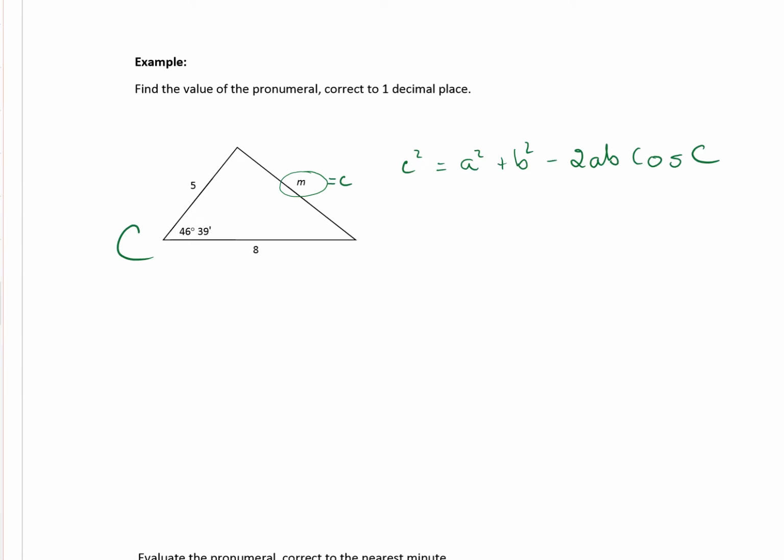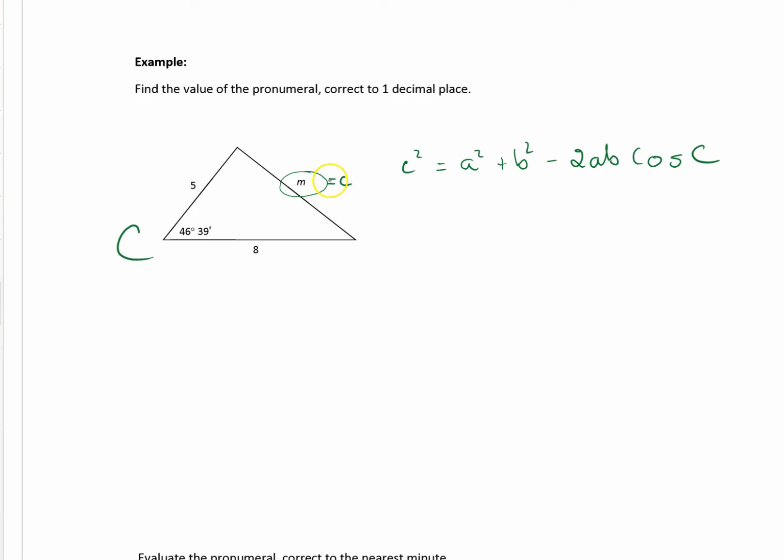So you can see now I've written the cosine rule for finding a side. Now, I think that this is a really important step, because we write the rule in this format, then name the side lowercase c.